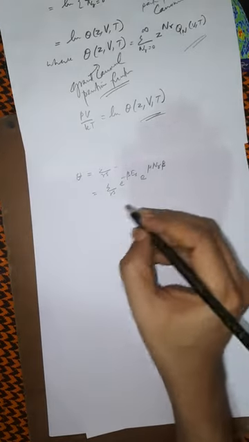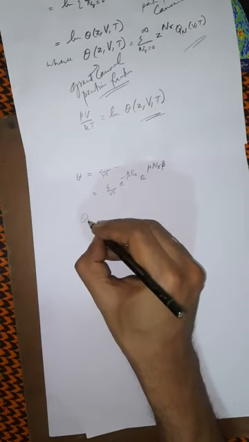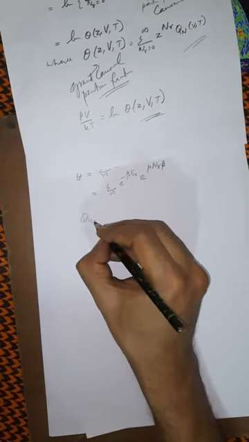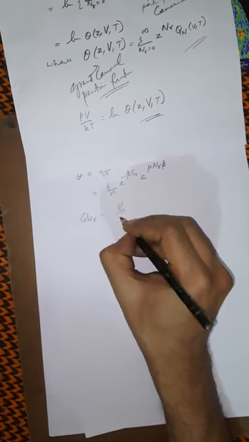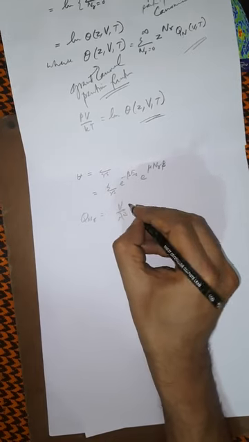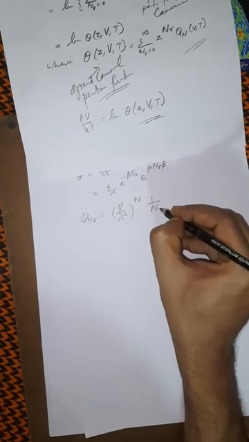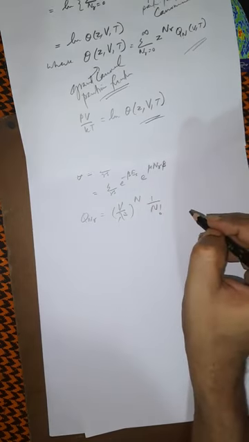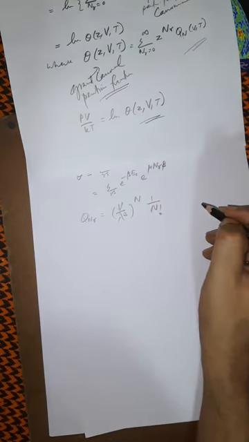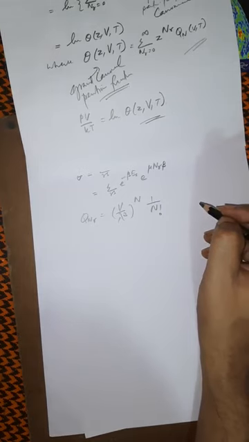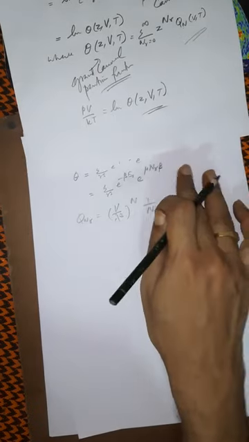So if you go back in your notebook, Q of Nr is equal to V by lambda cube raised to N, divided by N factorial.